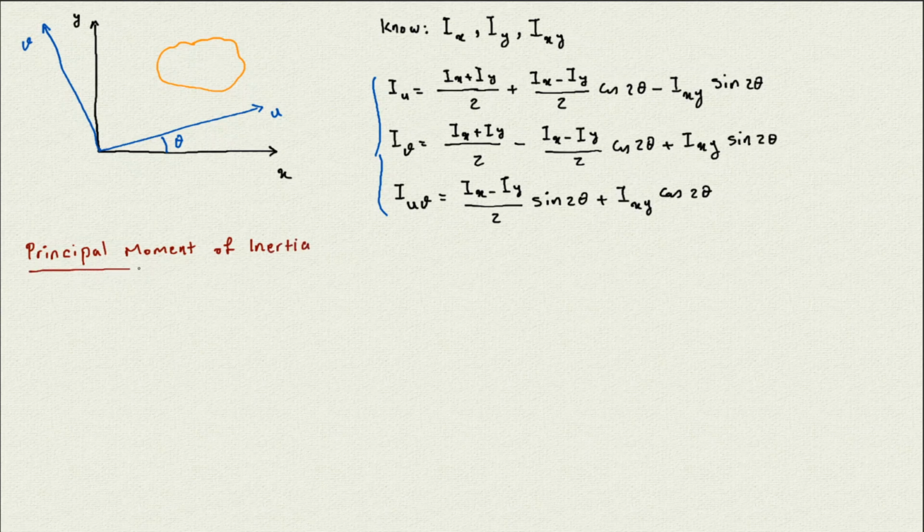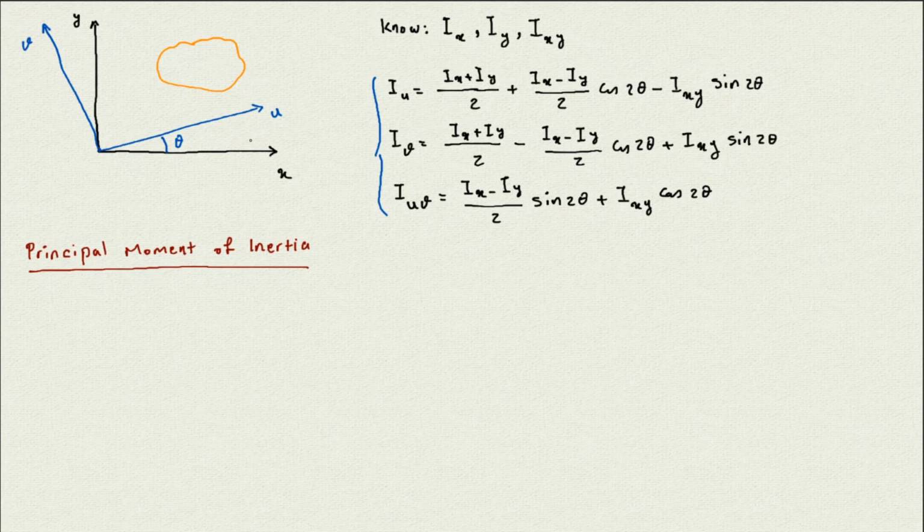So the principal moment of inertia is basically those Iu and Iv which we could keep turning until we find the maximum and minimum. And for those axes, when the maximum and minimum moment of inertia happen at those axes, we call them the principal axes.